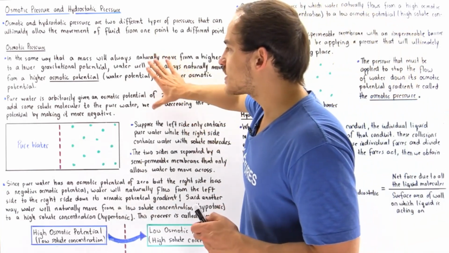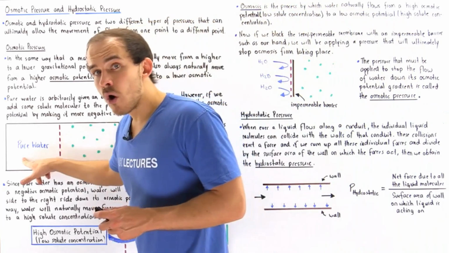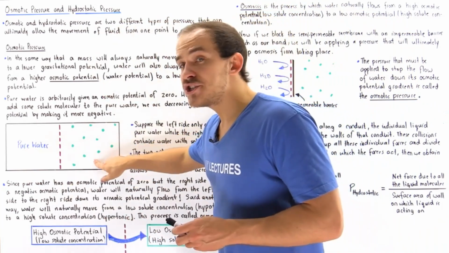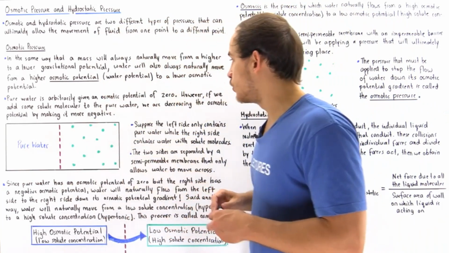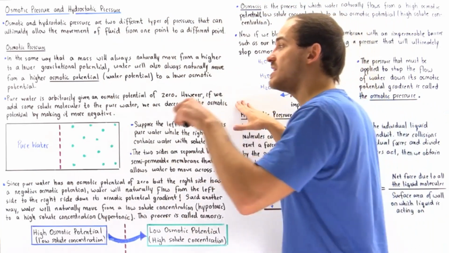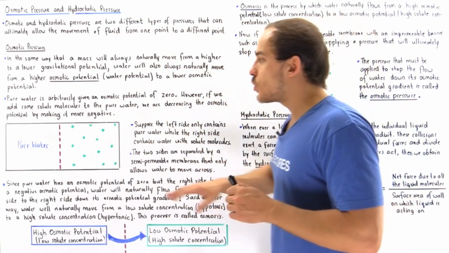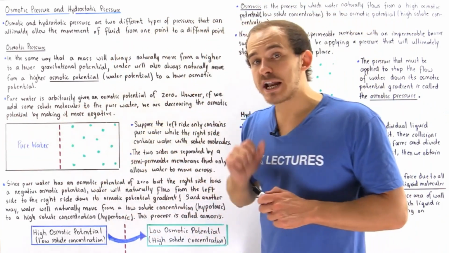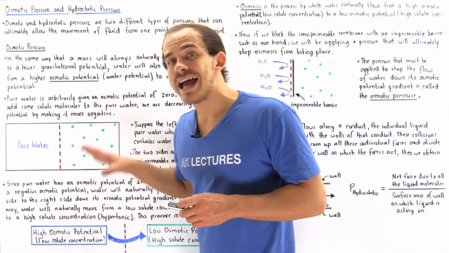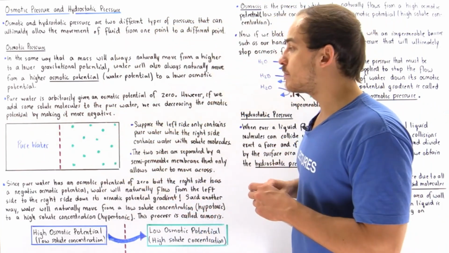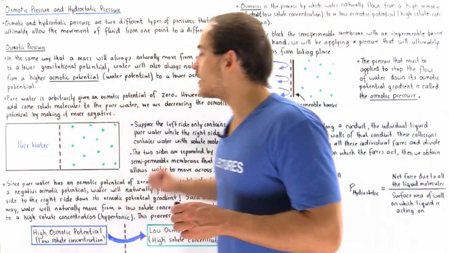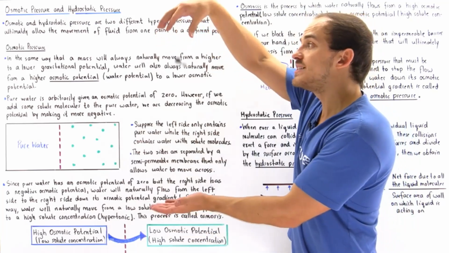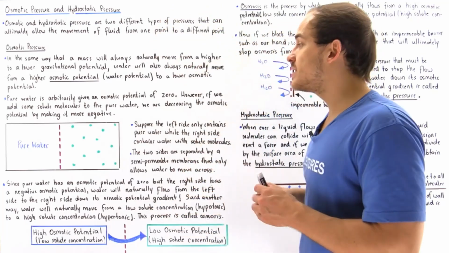Now, from this discussion above, we know pure water has an osmotic potential of 0. But this water that contains the solute molecules has a smaller, a more negative osmotic potential. So we have a high osmotic potential, a low osmotic potential, and what that means is water will begin to naturally move down its osmotic potential gradient from the left side to the right side in the same analogous way that the marker will move down its gravitational potential gradient.